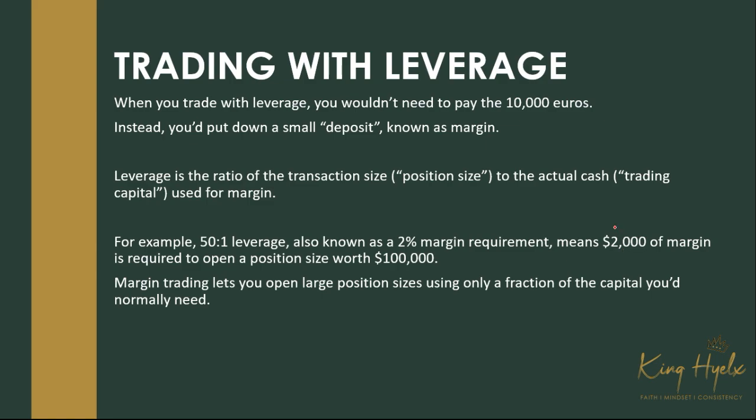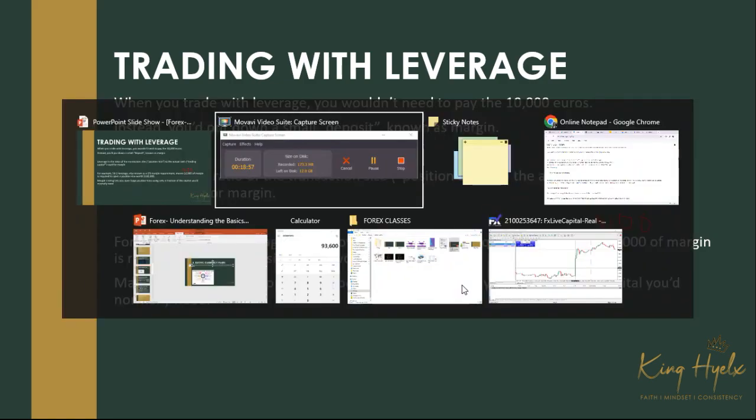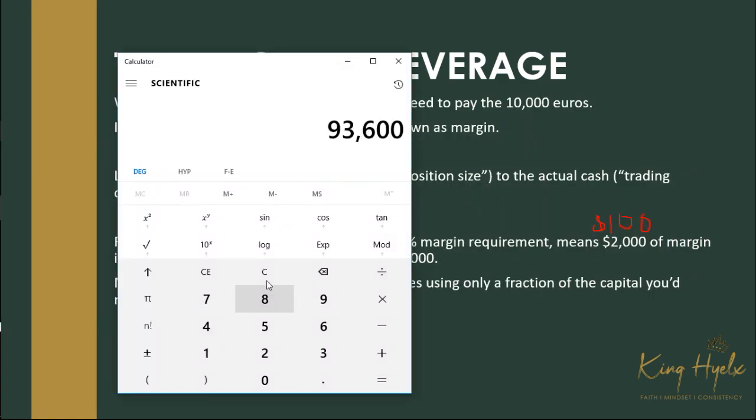Even if you had, let's say, $100, if you do $100 times 50, right, that's like $5,000. So let's bring up the calculator. 100 times 50.